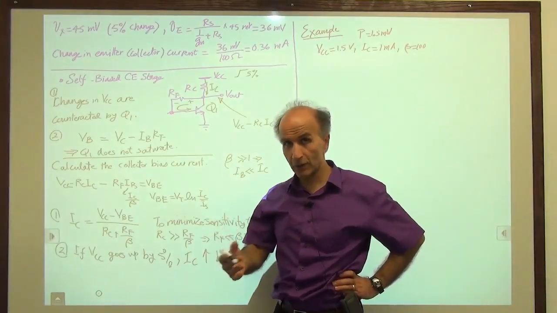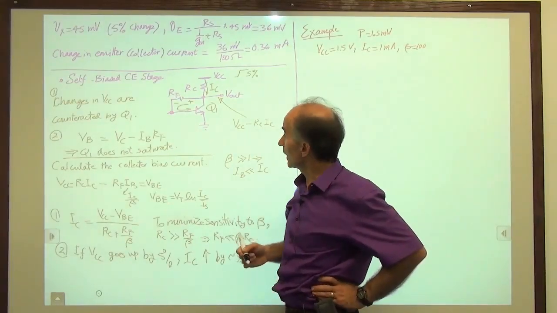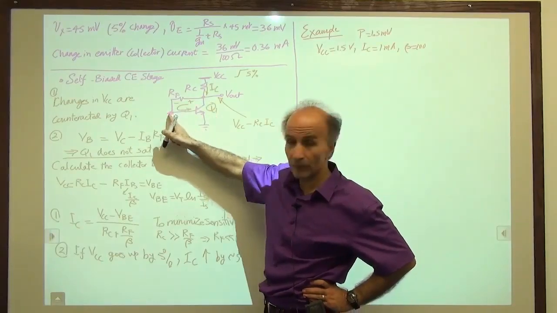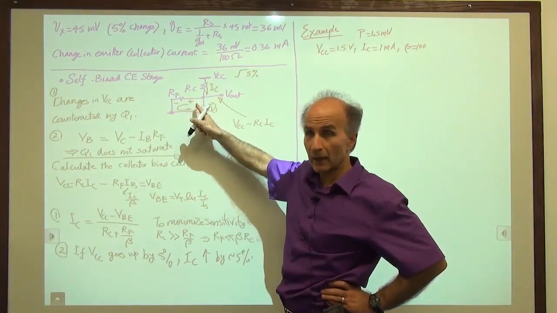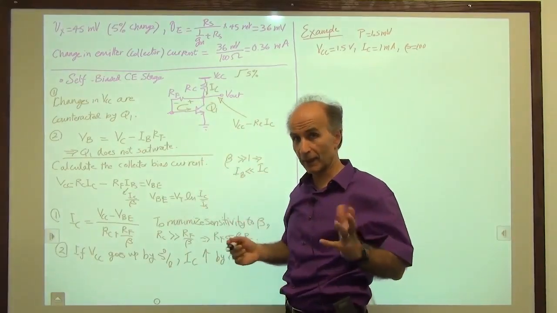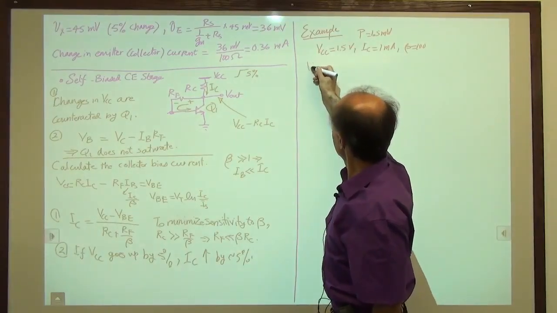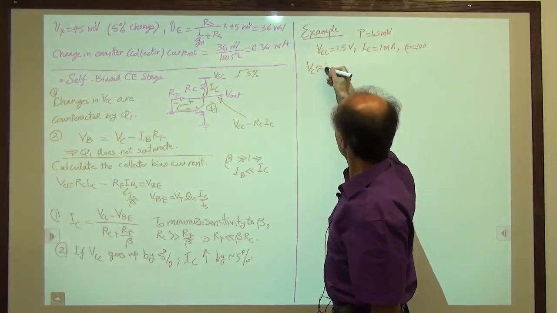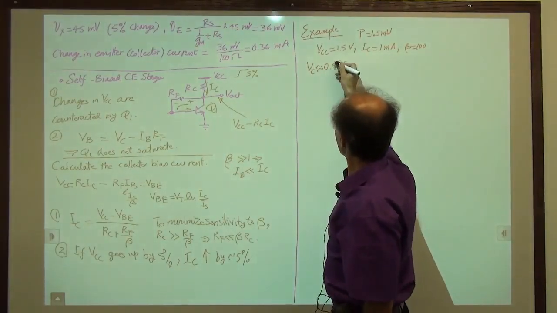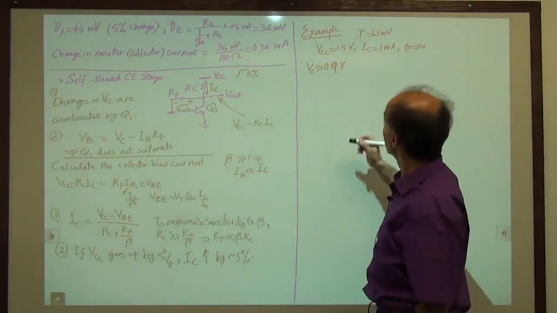So again, we can make an assumption, proceed, and at the end check our assumption and see how bad it is. So I'm thinking that VC is about 0.8, maybe 0.9 volts, because we do have some drop across RF. Say 0.9 volts.